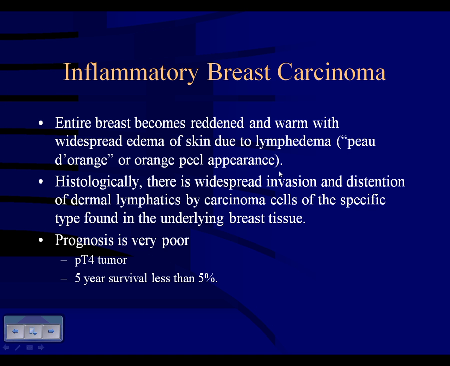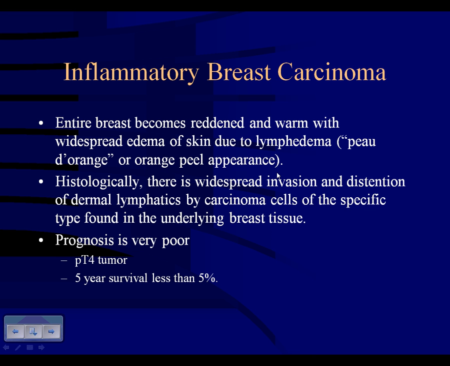What about inflammatory breast cancer? Now, despite its name, it's not actually that the breast is inflamed. There's no inflammatory cells. The reason it gets its name is because it looks inflamed. The breast actually looks reddened and warm. And the reason it does that is because all the superficial lymphatics that are in the dermis, just beneath the epidermis, become filled with tumor cells.